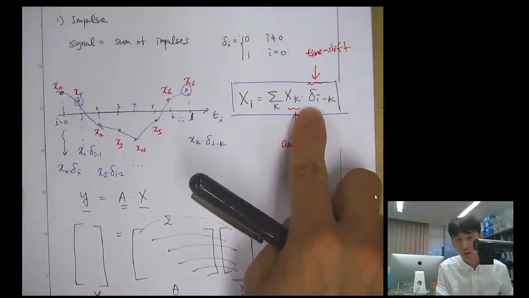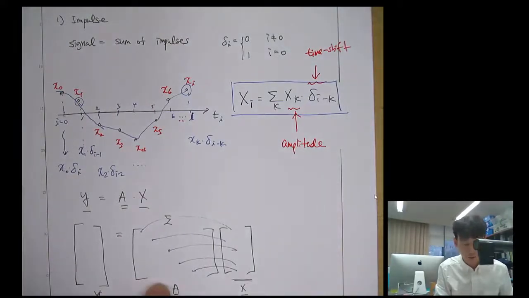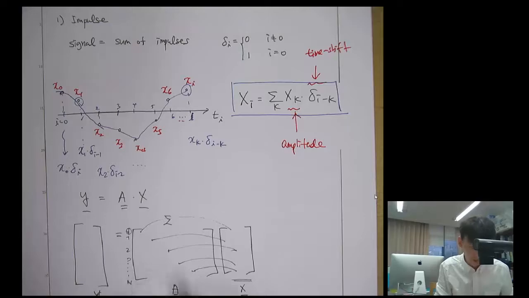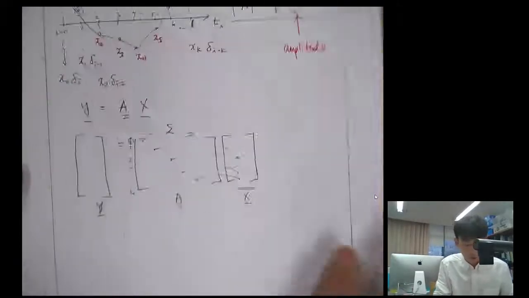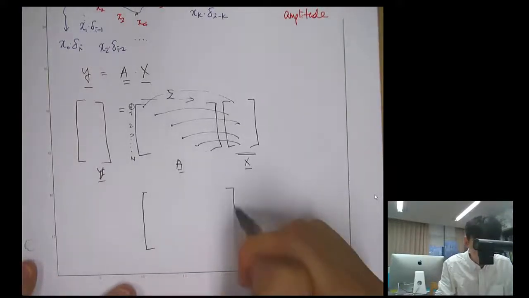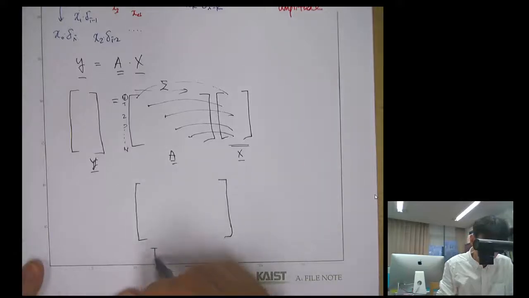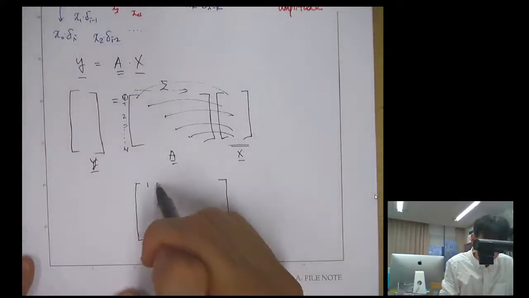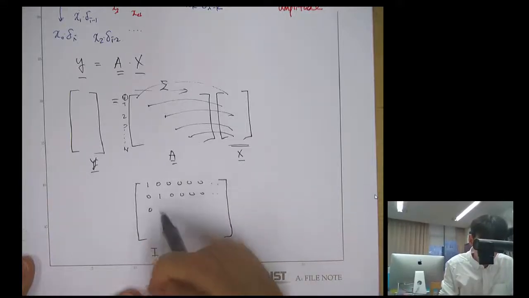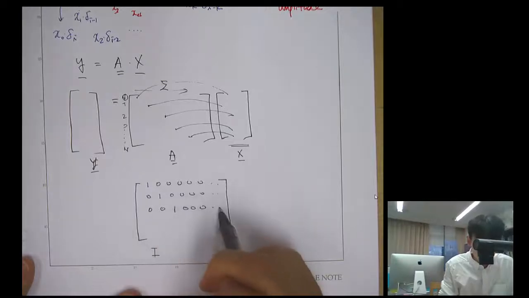And how do we express this delta with this matrix A? Now with I increasing from 0, 1, 2, 3, or 1, 2, 3, 4 to a certain value n, we can use the identity matrix, I matrix, that starts 1, 0, 0, 0, 0, then 0, 1, 0, 0, 0, then 0, 0, 1, 0, 0.